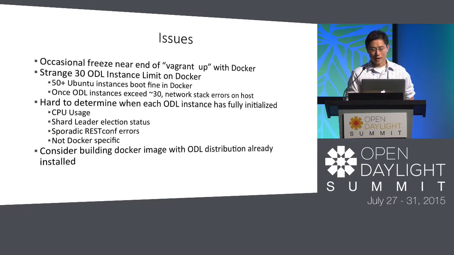But it's sort of sporadic. As you start loading more and more ODL instances, it becomes more and more persistent until after 30, 35, it almost always fails. But then if I start shutting down nodes and bring it below 30, everything magically recovers. So this is a very strange issue. If anyone has run into anything like this, I'd definitely appreciate any insights you may have.